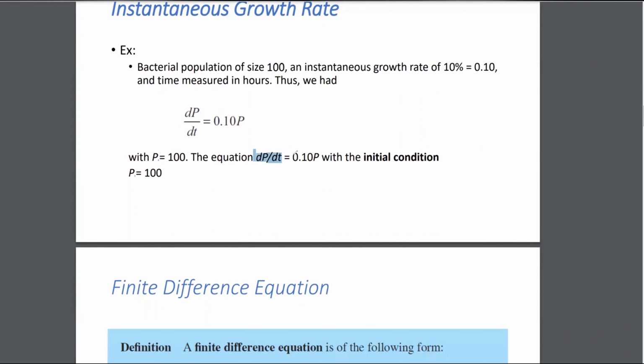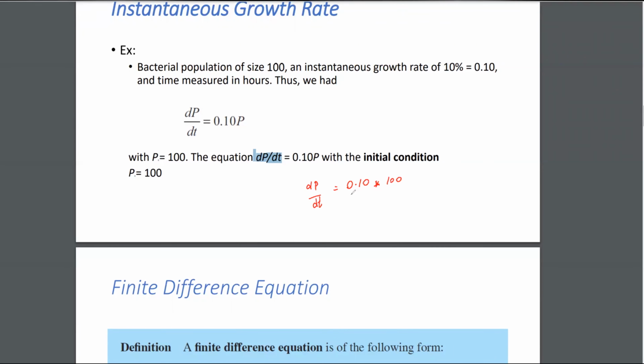If you calculate this, what you get is dP over dt. That is a little change, dP over dt, equivalent to the rate that I have given multiplied by the initial value, which is 100.